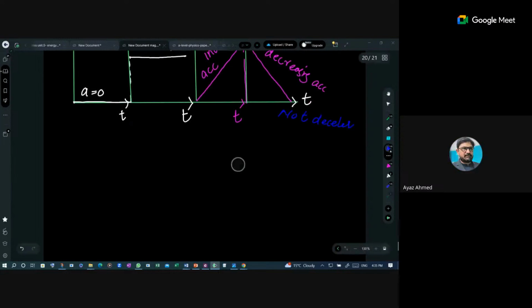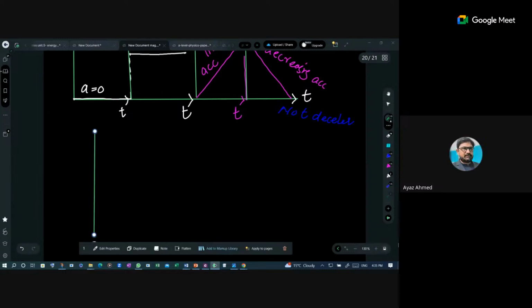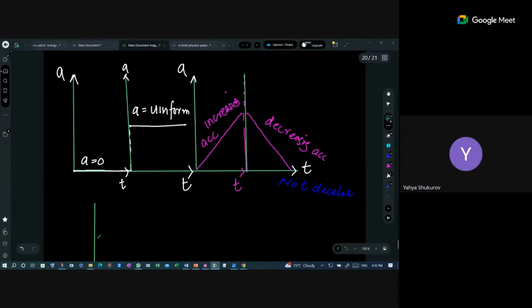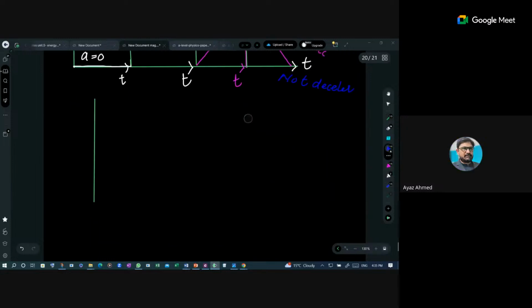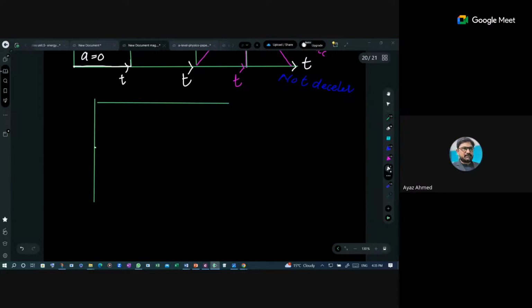Deceleration is something like this, in speed. When deceleration is there, your speed is decreasing. So in a deceleration time graph, the graph should be below the axis. They all are deceleration time graphs. Deceleration is the negative of acceleration.